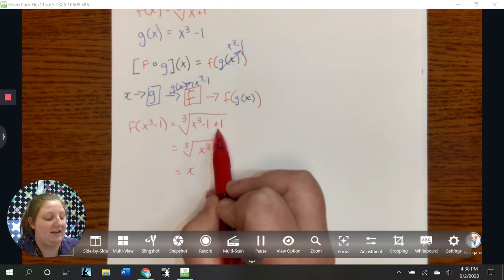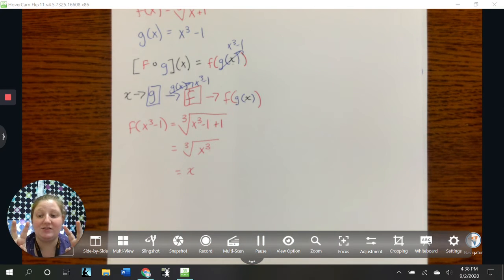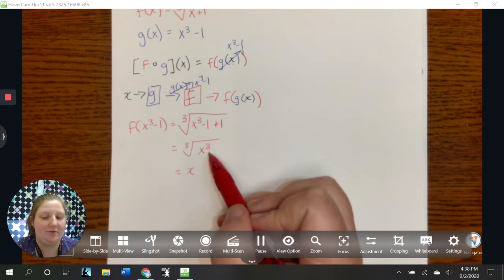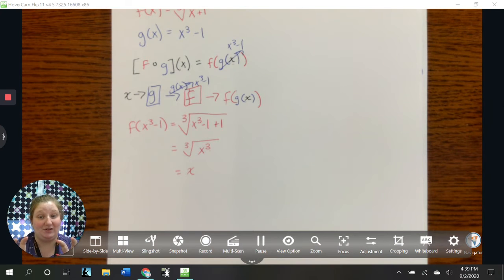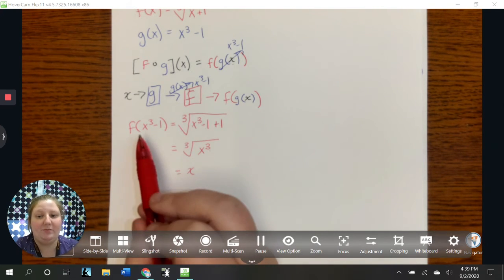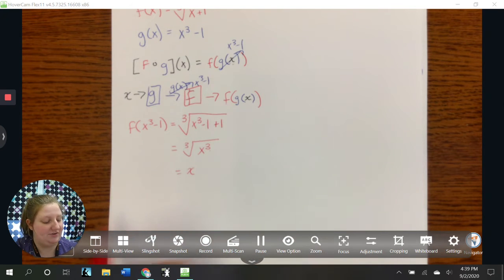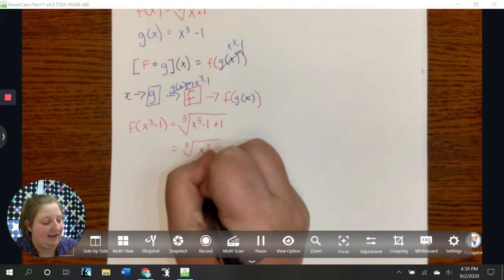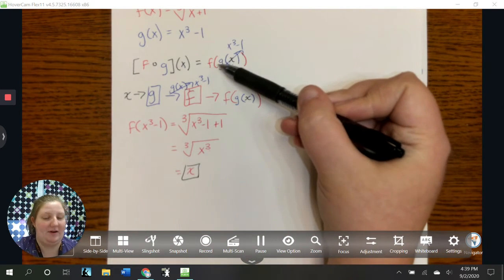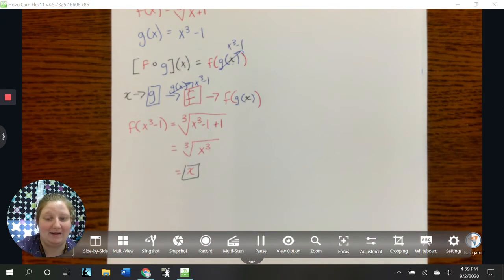So the same way negative 1 plus 1 cancels out, our cube root and our cube are also going to cancel out and leave us with just x. All right, so that was f of g of x. So now we know f of g of x is equal to just x. All right, so when we do f of g of x here, we got just x.